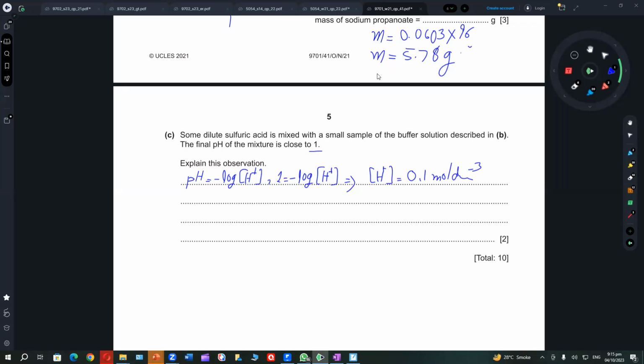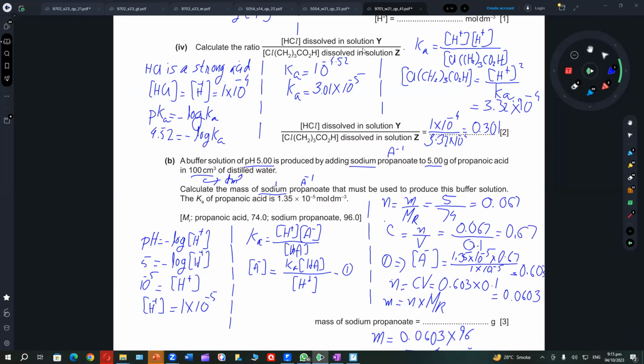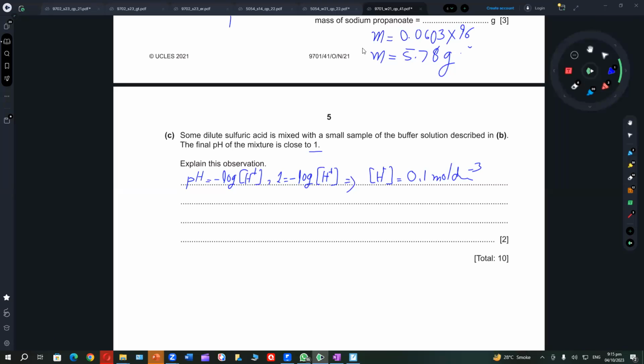Now, if the pH has changed, should I say that the buffer has failed? Because the buffer was made at a pH of 5. Look here, after H2SO4 the final pH of the mixture is close to 1. What does it mean? Buffer is working or buffer has failed?